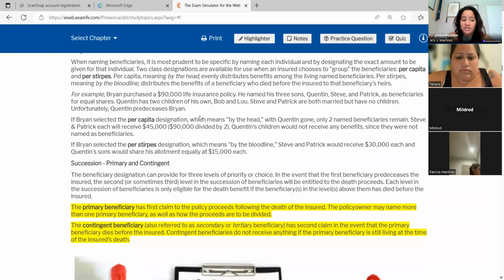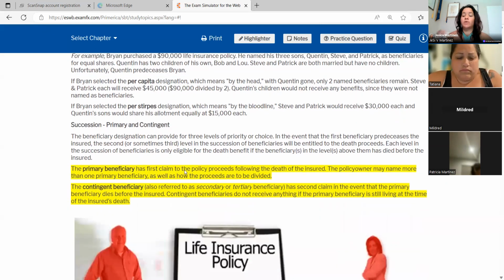Succession, primary and contingent. We've seen when we're doing our training appointments, when they select the primary beneficiary and the contingent beneficiary. The primary beneficiary will get 100% of that death benefit. The only way they don't get it is if they pass away. So contingent is basically what if the primary died before the person that's insured, then the contingent will get the money.